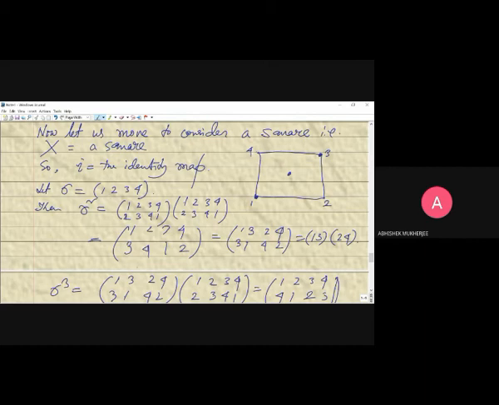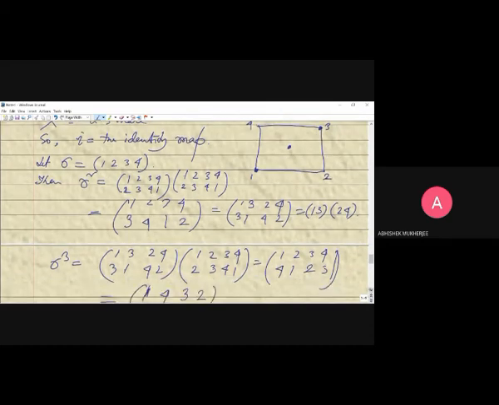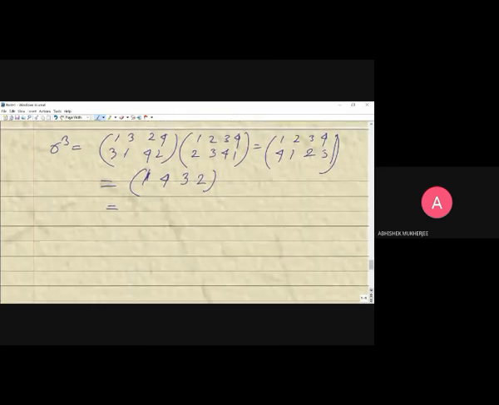Achha, first one is 1, 2, 3, 4, right? That means, okay, just let me write down the sigma.